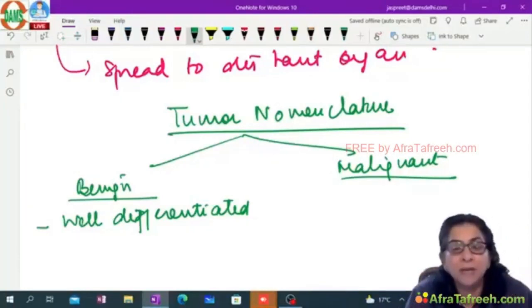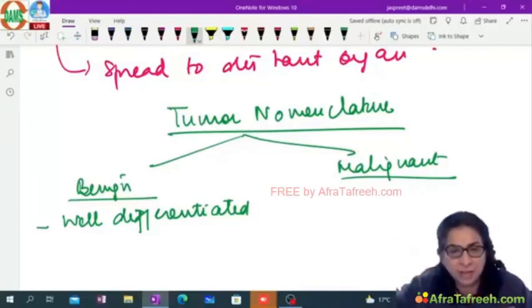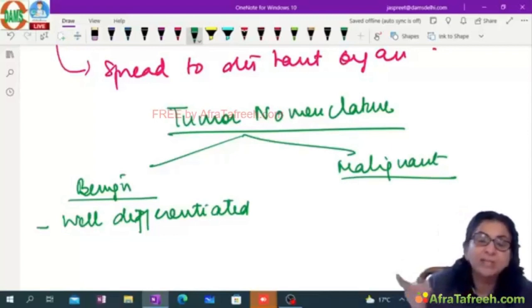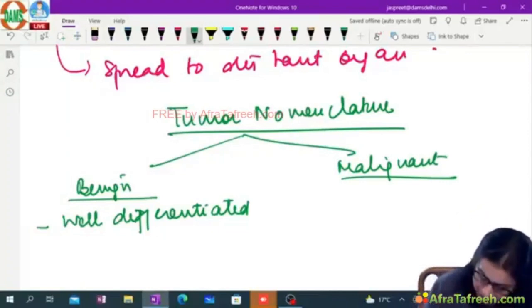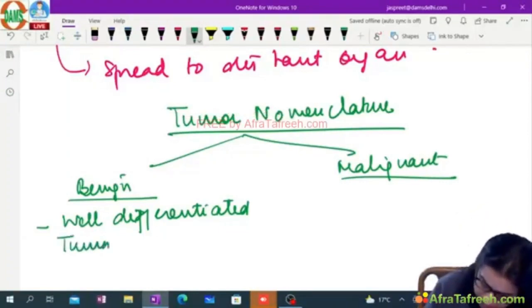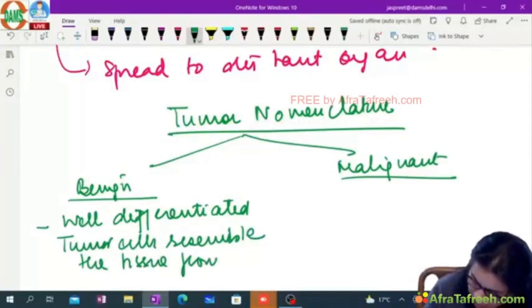They look absolutely similar. So we say lipoma is well differentiated.